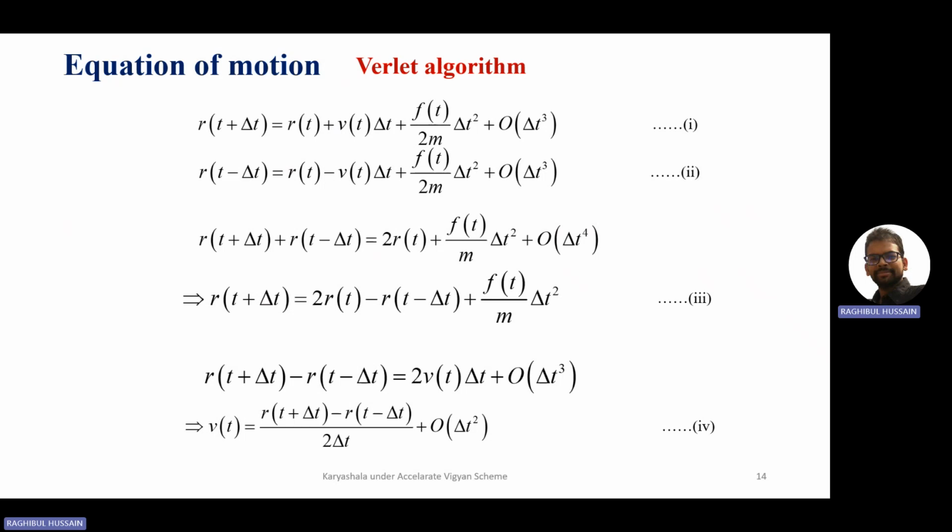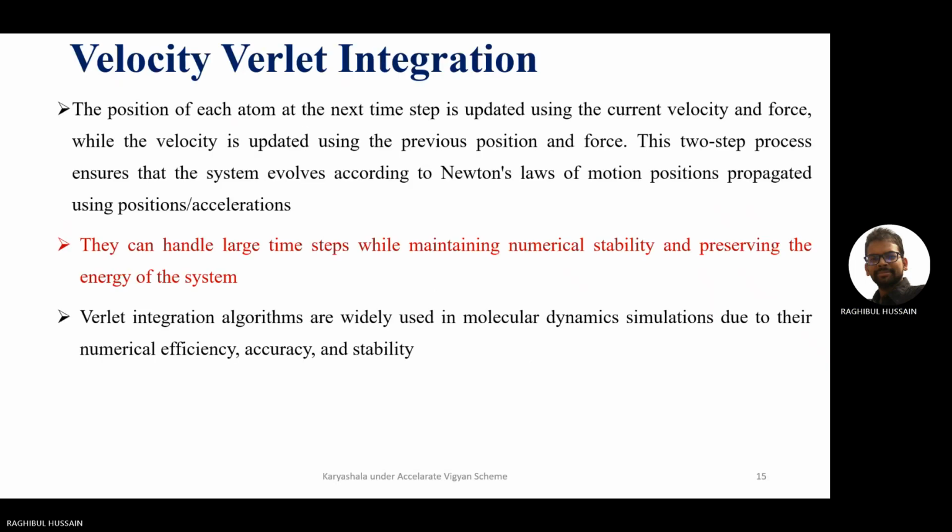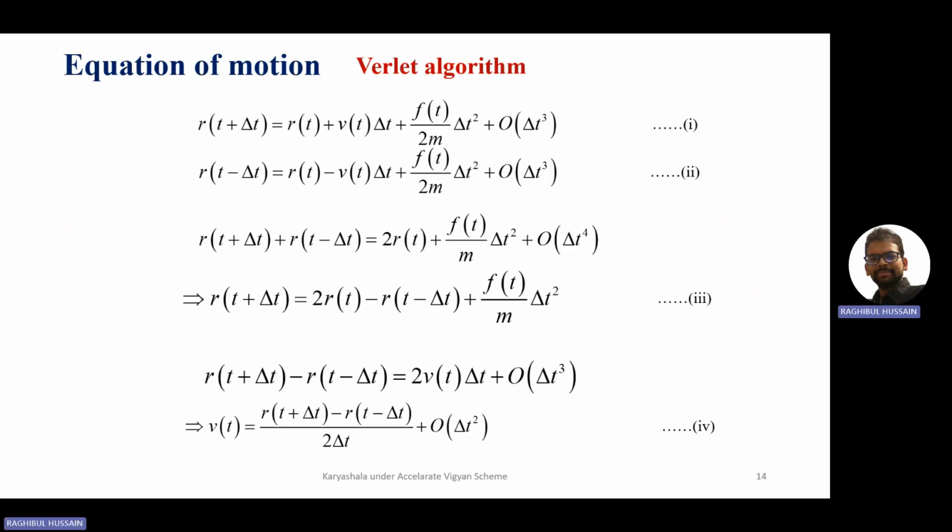Although this looks very simple, when you apply this algorithm to the many body problem, the computation becomes really challenging as well as very time consuming. So this is known as the Verlet algorithm. Okay, so some discussion about the velocity Verlet algorithm, that the position of each atom at the next time step is updated using the current velocity and force that we can see here.